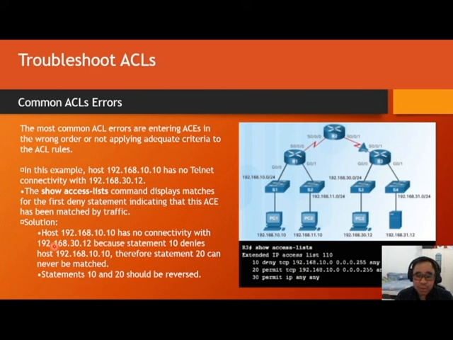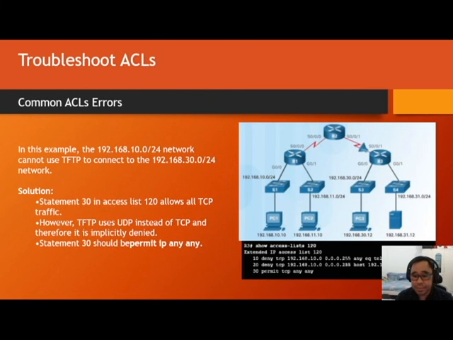The host 192.168.10.10 has no connectivity with 192.168.30.12 because statement 10 denies host 192.168.10.10. Therefore, statement 20 can never be matched. Statements 10 and 20 should be reversed. So here's also another example.